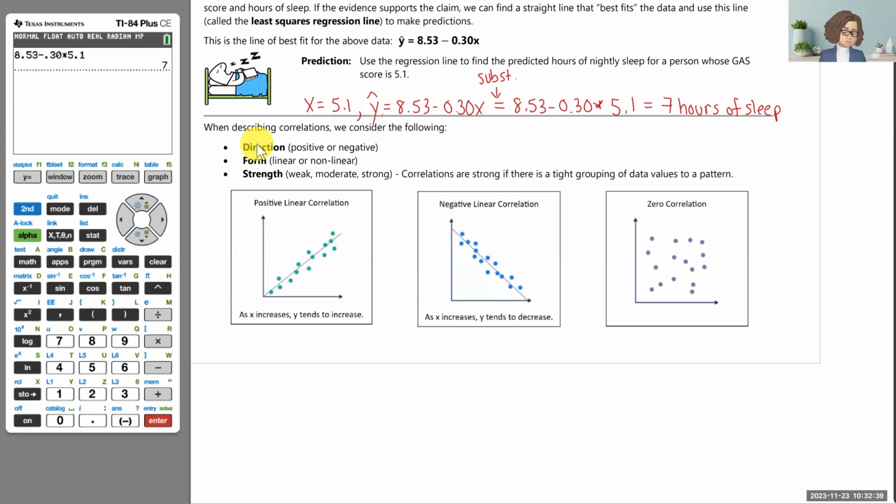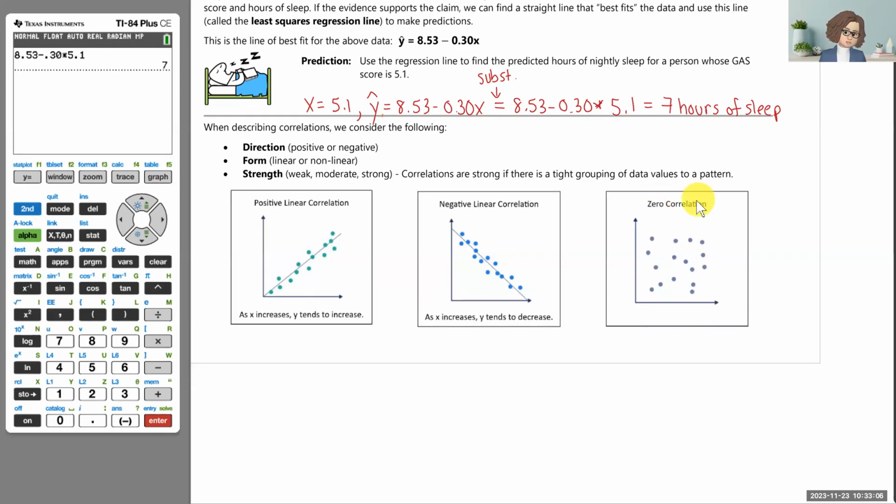The direction of the correlation, the relationship, will either be positive or negative. So we've just looked at a negative relationship case. As X increased, Y decreased, and then we could also have a positive relationship possible where X increases and Y increases with it. And of course, it's also possible that you're studying two variables and they have no relationship at all.